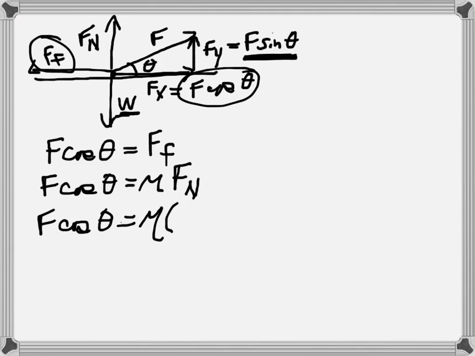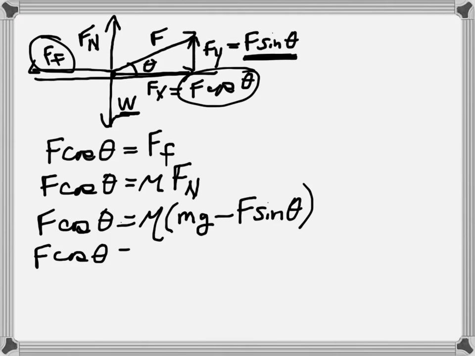So in for Fn, we'll be putting W, which, by the way, is mass times gravity. So I'll put mass times gravity in there instead: mass times gravity minus F sine of theta. Okay, so then I'd have F cosine theta equals, I'll distribute the mu, mu mg minus mu F sine of theta.